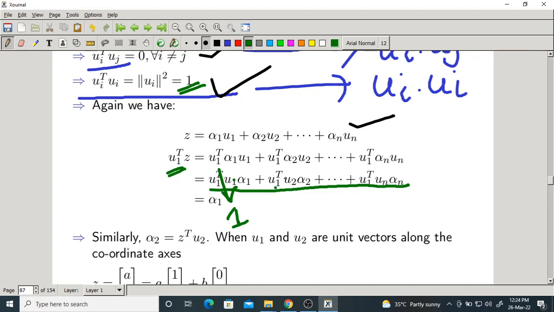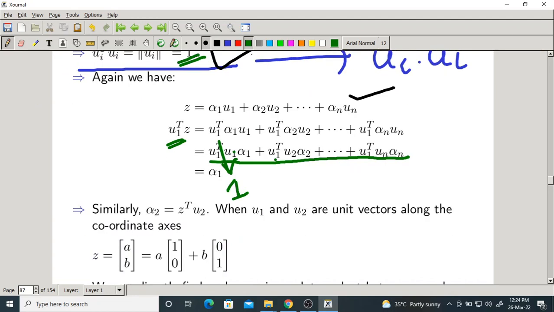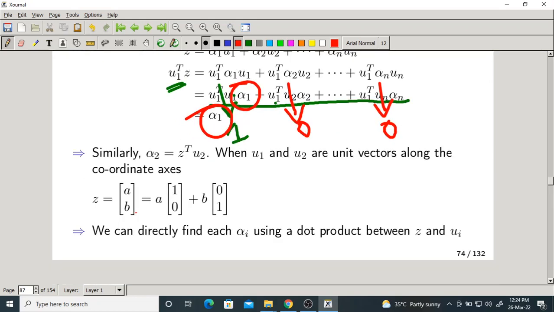What is U1 transpose U2 from this equation? This is 0. And the other terms are also 0. You are left with only alpha 1. Similarly, what is alpha 2? Z transpose U2. Otherwise, you can also write it in reverse.